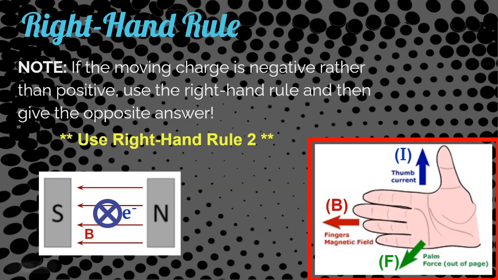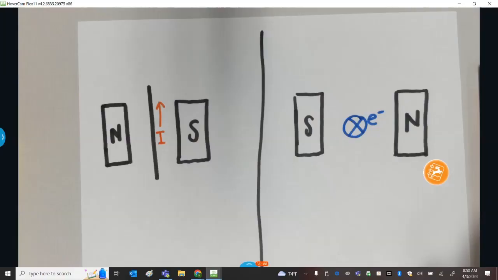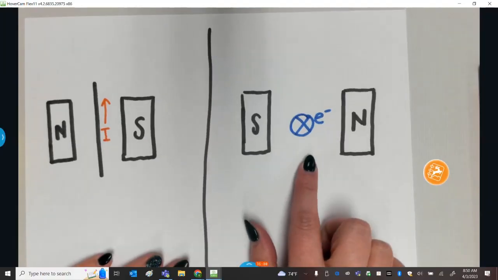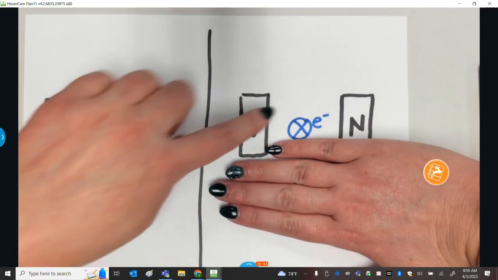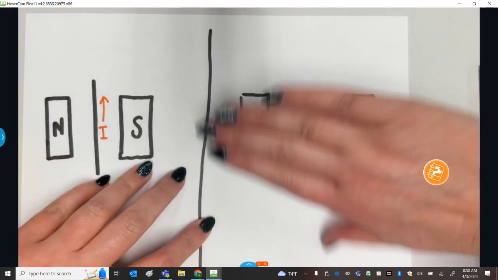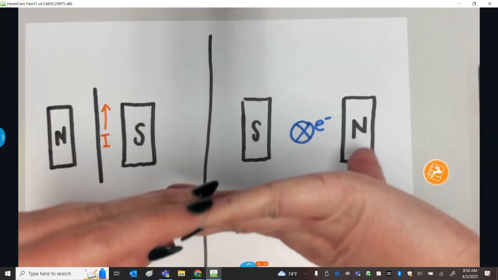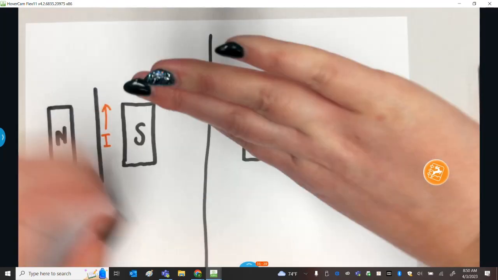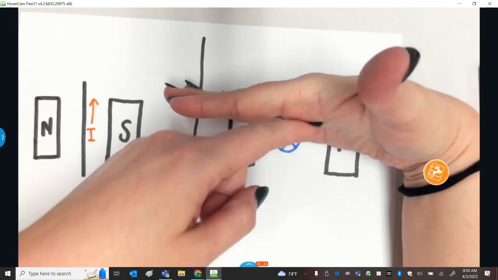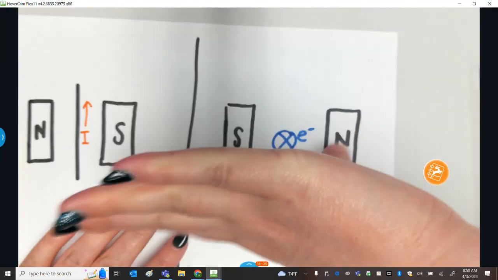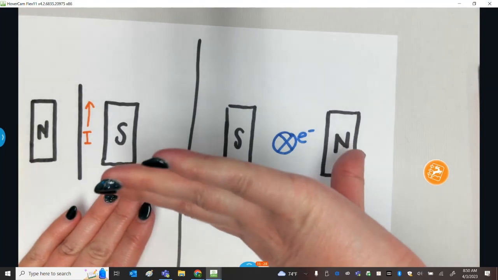Okay, so let me go ahead and bring my document camera back up. That's this one. North to south is this way. And now my thumb, normally if I went into the page, okay, it looked like this, but that would be for conventional current. So if I wanted to do it for electron, I can either flip my hand and say it's down, or when I do it this way, I could say, well, conventional current would be a force up, so electron's down.